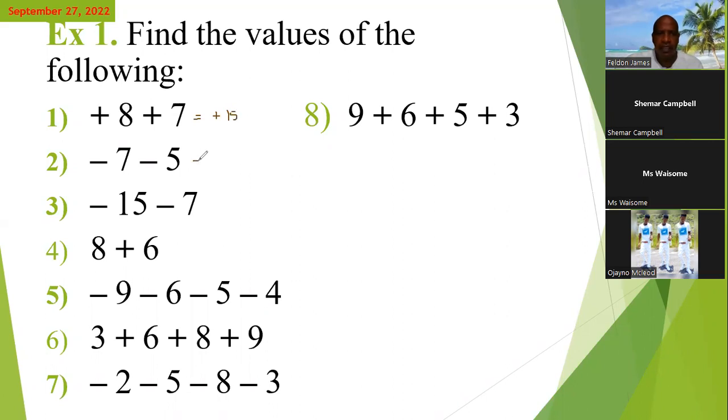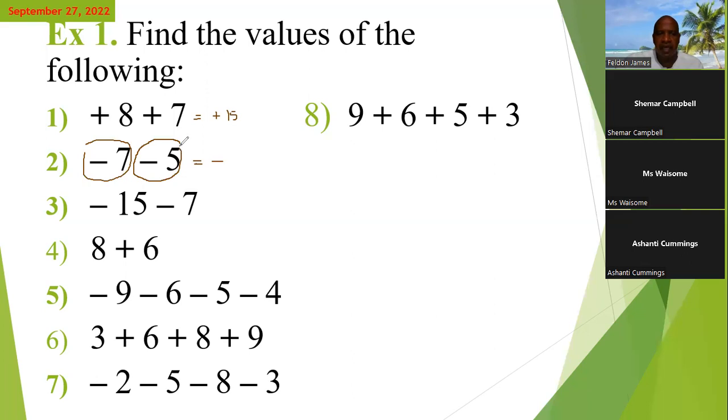All right. What about the second one? What's the answer? -2, sir. Negative what? 2. Now notice that the 7 here is a negative. Once there is a negative sign in front it is a negative. So you have -7 and you have -5.